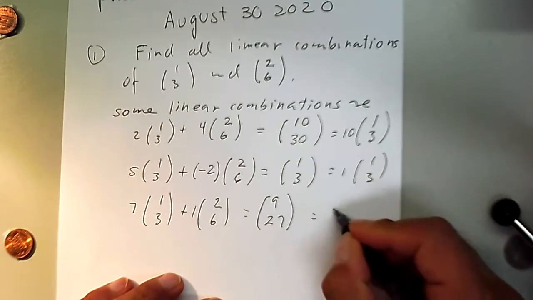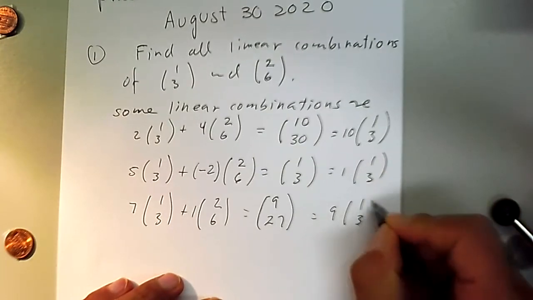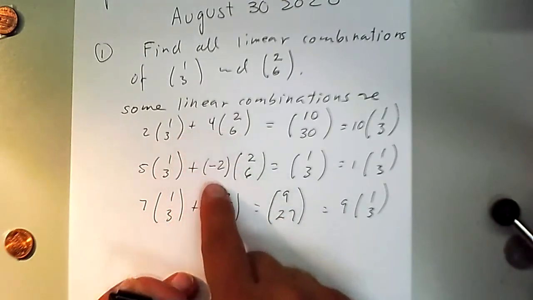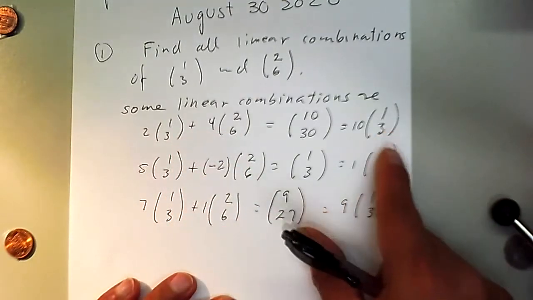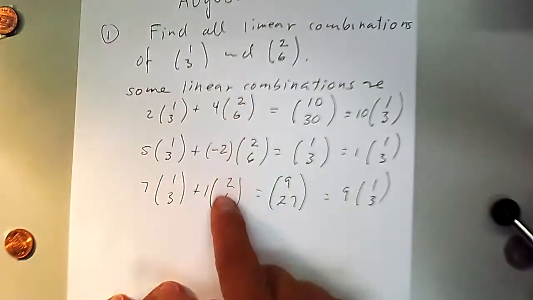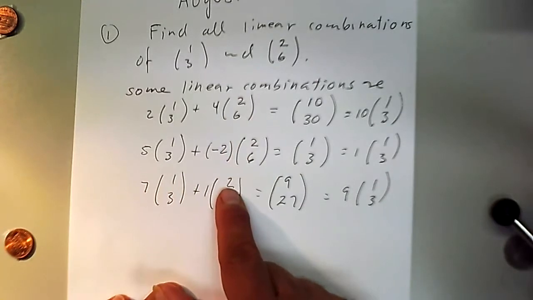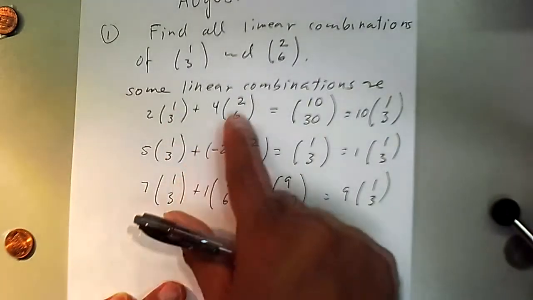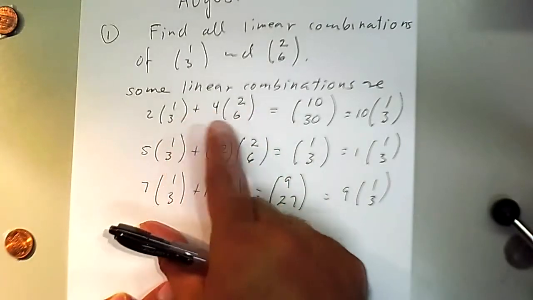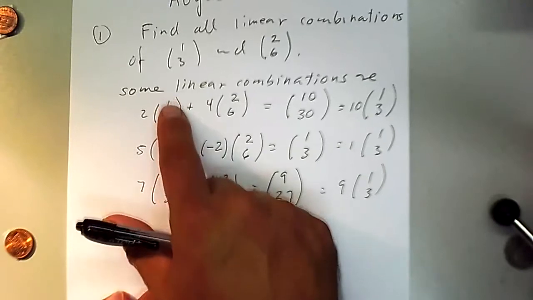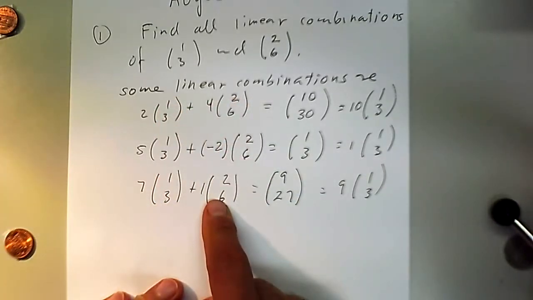And this is 9 times 1, 3. So it looks like no matter what combination we do, we come back to 1, 3, which means that this is redundant. We don't need 2, 6. It is sufficient to have 1, 3. And actually, we could just use 2, 6 or 1, 3, either one of the two, but 1, 3 is simpler than 2, 6. And consequently, this guy is the one that seems to be more redundant.